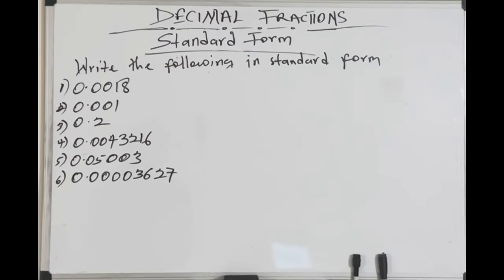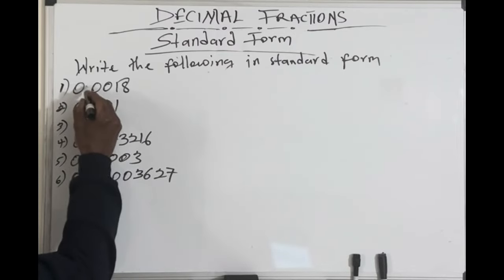So as we said, when we are moving the decimal point towards the right, we will have a negative power. The first one was towards the left, so we had a positive power. This time around, we will have a negative power. So let's work this out.